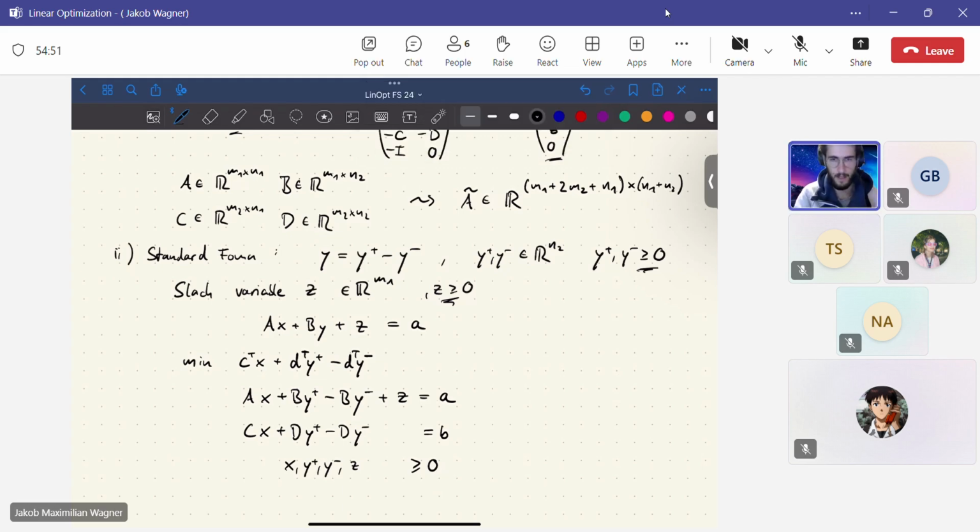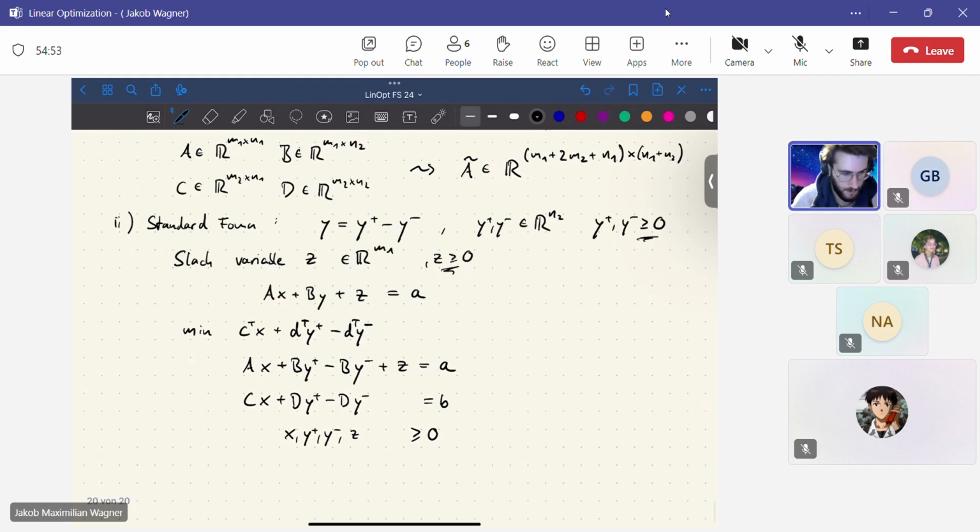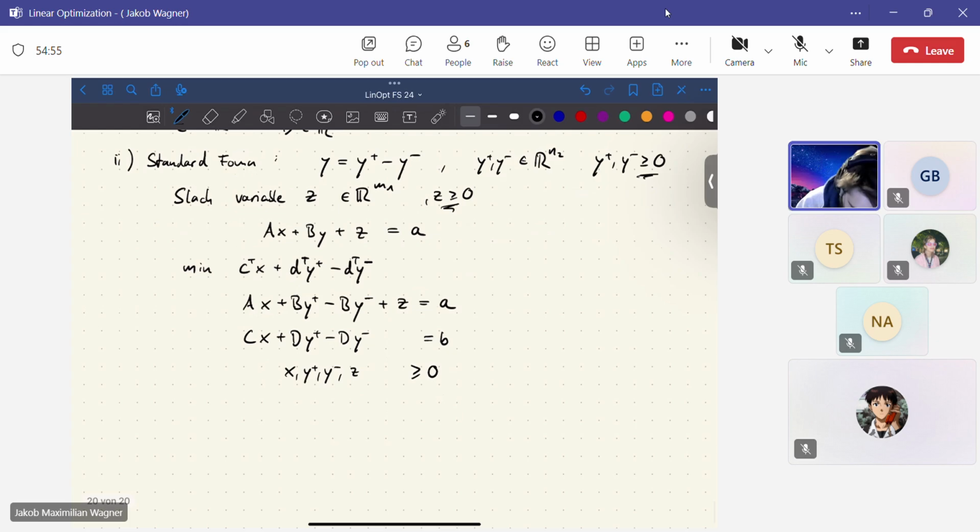And so we can again collect everything into big vectors and big matrices. So we have a minimization of, again, c tilde transpose x tilde, where x tilde is in, now we have in Rn1, plus we have split the y variables into twice the number of variables, and we have new variables for all the inequality constraints.